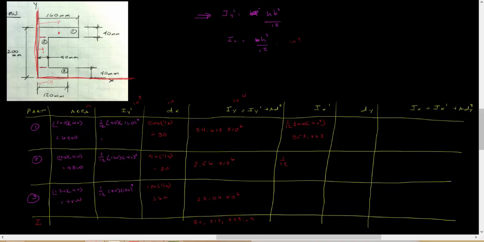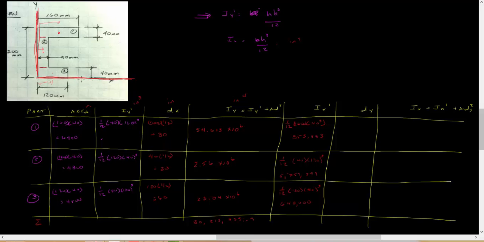Then 1/12 times 40 times 120 cubed, which is 5,759,999. I used whole numbers here. And 120 times 40 cubed gives 640,000.